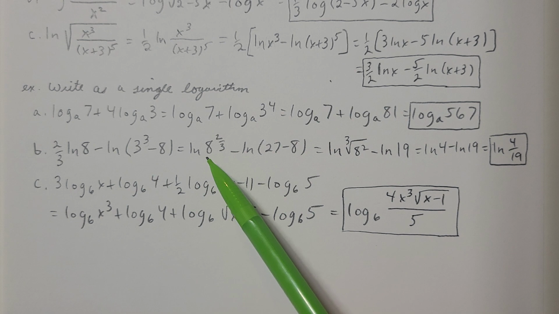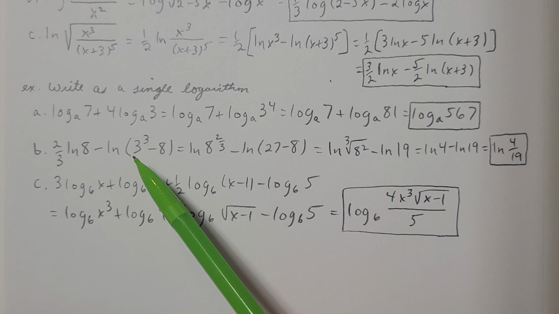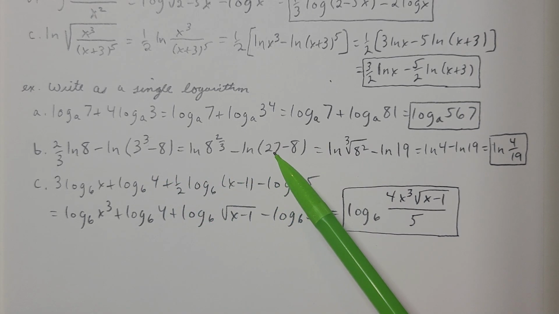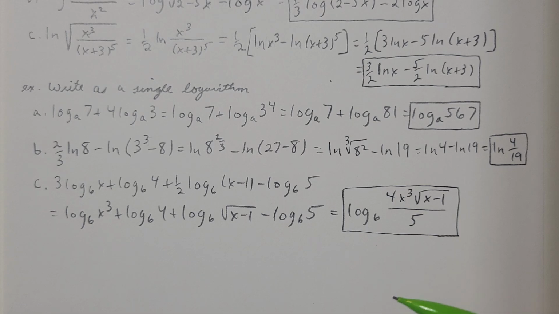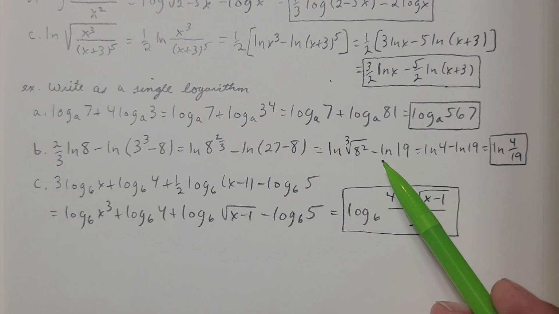And I'd have the ln of 8 to the 2/3 power, okay, minus the ln 3 cubed is the same as 3 times 3 times 3, that's 27. So I got the ln of 27 minus 8. 27 minus 8 is 19, so I have the ln of 19 there.